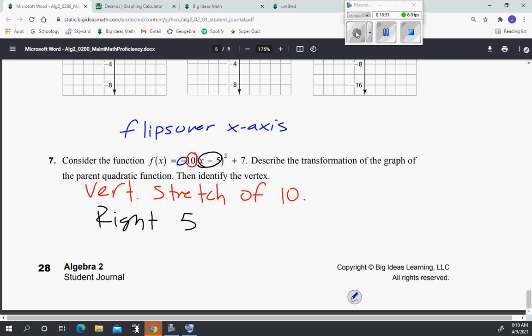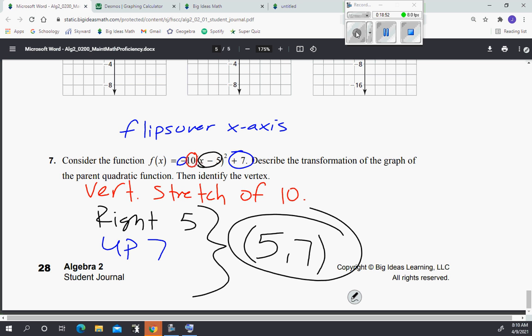And this part right here, plus 7, up 7. So we just described our entire function. We described all the transformations, but only these two right here move my vertex. And from 0, 0, it goes right 5 and up 7. So what's my new vertex? 5, 7. Okay, that's it.